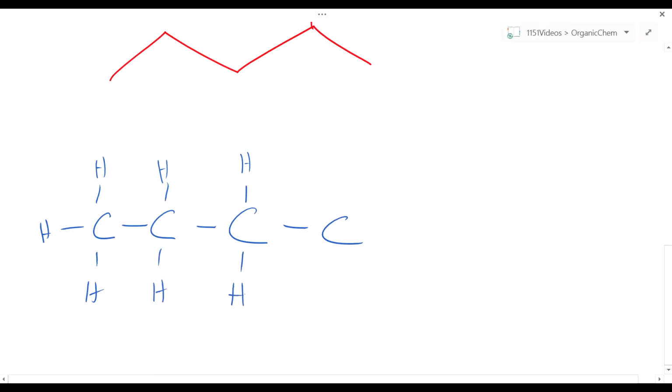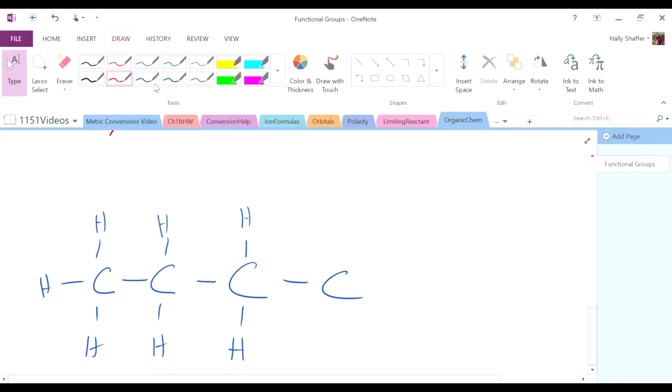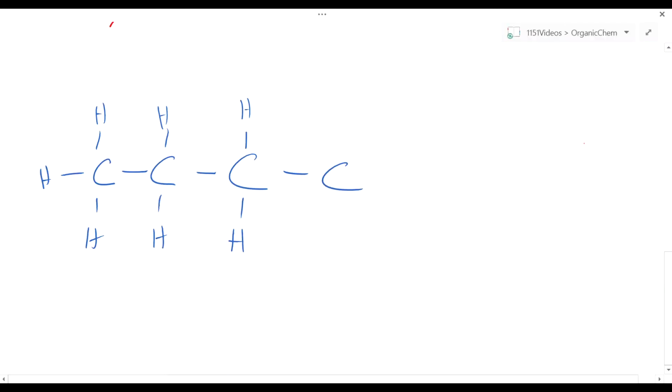I'm just adding it on the right because there's white space on the right. Let's make it something a little bit uglier, scarier. This functional group is going to have a double bond to an oxygen, and then a hydrogen. I'll number my carbons here.